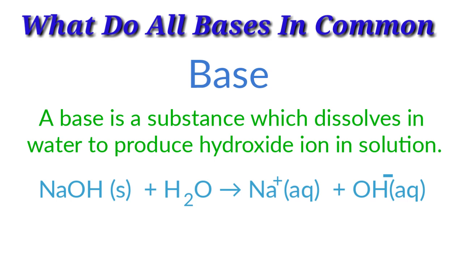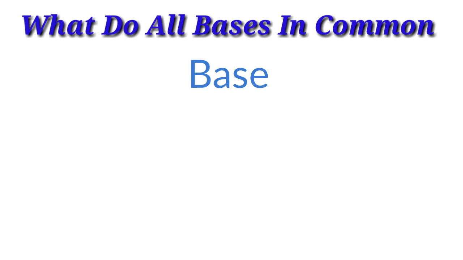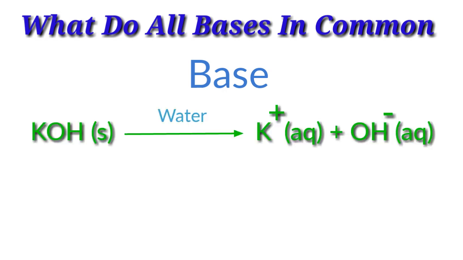A sodium hydroxide solution shows basic behavior due to the presence of hydroxide ion, that is OH- ion, in it. KOH, that is potassium hydroxide, is another example of a base which dissolves in water to give hydroxide ion. KOH, solid state, dissolves in water to give K+ aqueous ion and OH- aqueous ion.